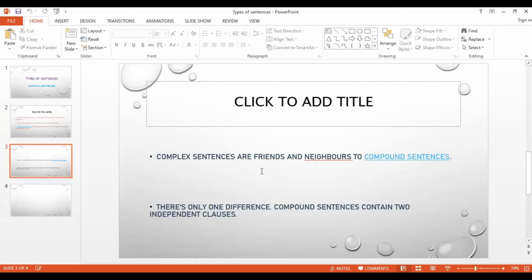So let's start again. Simple sentences, one independent clause. A compound sentence, two independent clauses. A complex sentence, one independent clause and at least one dependent clause.